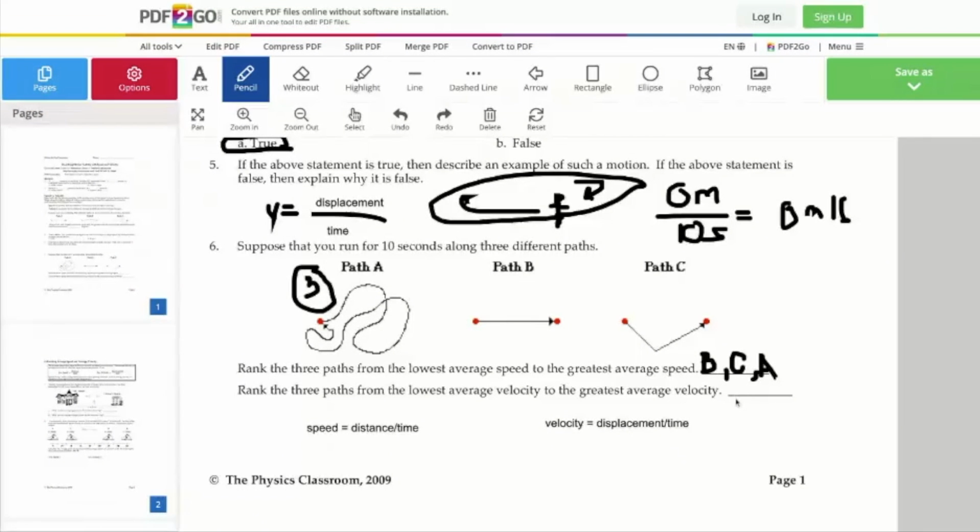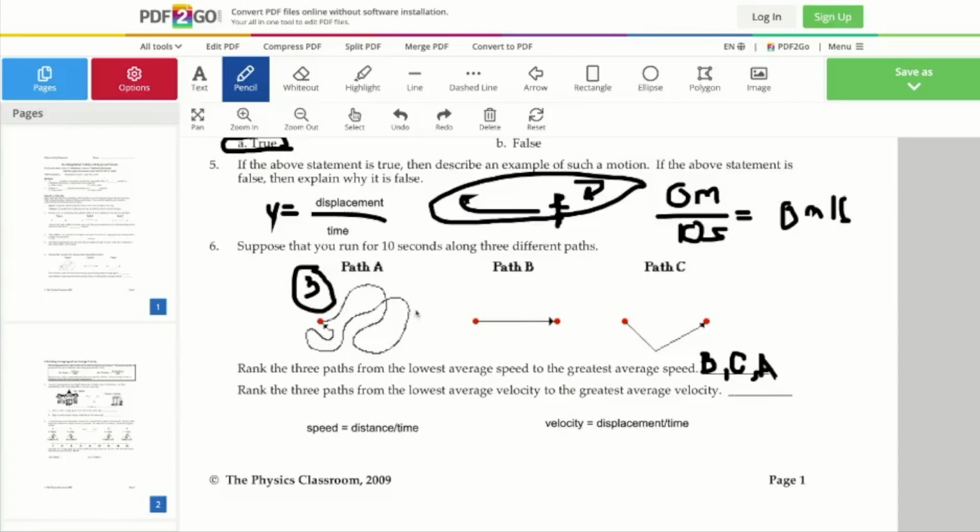Okay, so this is like rank. Okay, cool. So path A. Velocity is equal to displacement divided by time. Once again, they took the same amount of time.